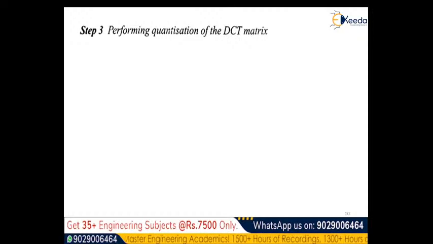In the problem statement we had been provided the quantization matrix of the same order along with the input image sample to be compressed, and its corresponding result is of course to be reconstructed back. So that particular quantization matrix we shall make use of for performing this quantization step.